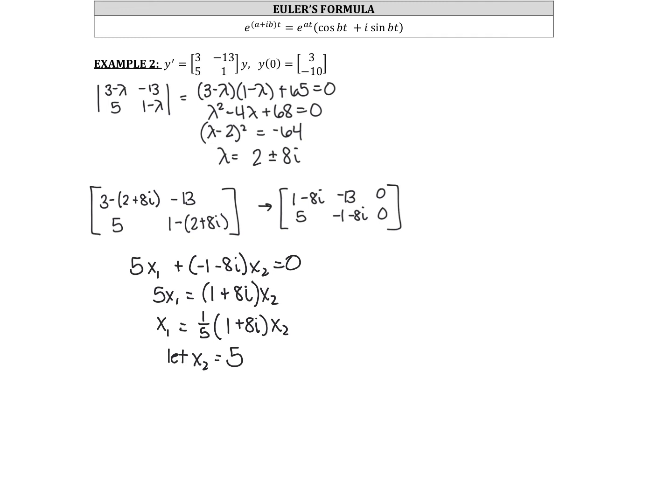So if I let x2 be 5, then my vector that goes here would be 5. But my numerator, or not numerator, see, there we go. Not division, not a fraction. The first entry in my vector, if I let x2 be 5, will be this 1 plus 8i.